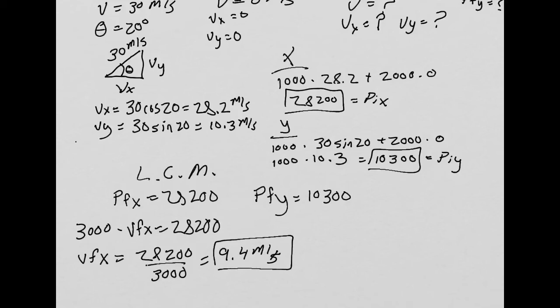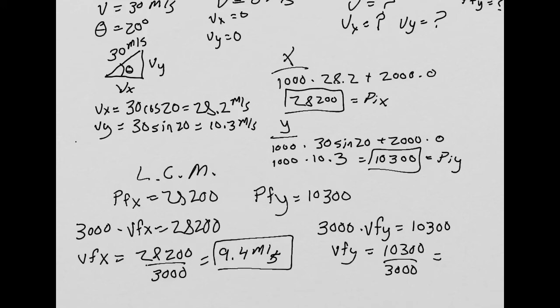So now we can do the same thing with y. Pfy is also 3,000, which is the mass of the final system, times Vfy. That is equal to 10,300. So Vfy is equal to 10,300 divided by 3,000, which is equal to 3.4 meters per second.